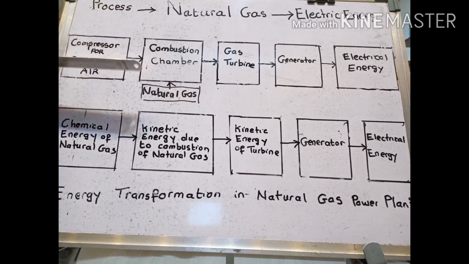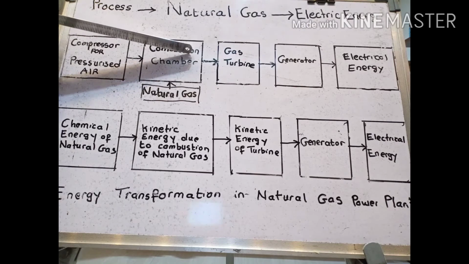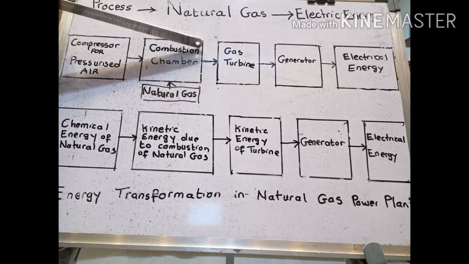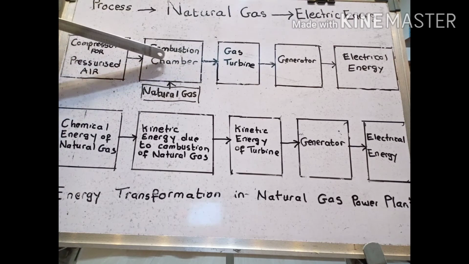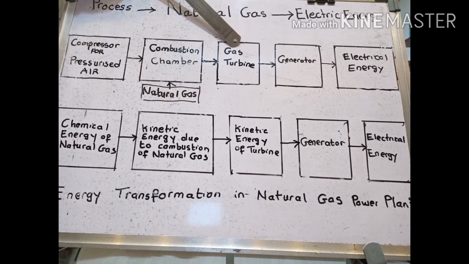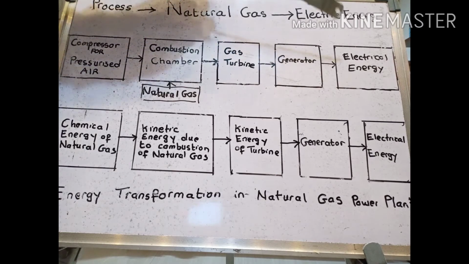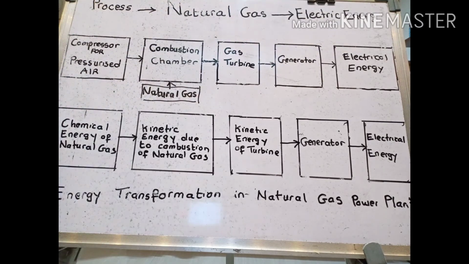All of us know that when gases are heated, they expand in volume, and because of that, there is a high temperature and pressure generated, causing this natural gas to have a high amount of kinetic energy. So the kinetic energy of the natural gas is then used to run the gas turbine. The gas turbine in turn runs the generator, which gives electrical energy.